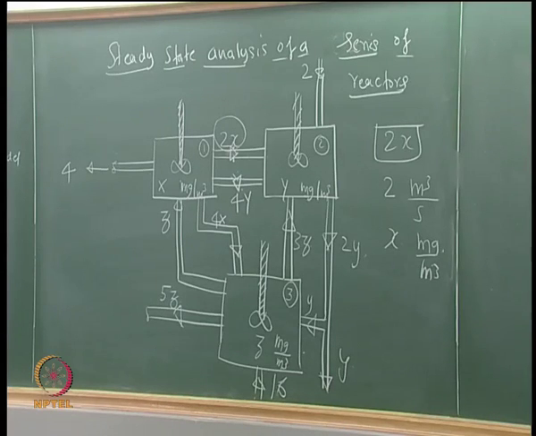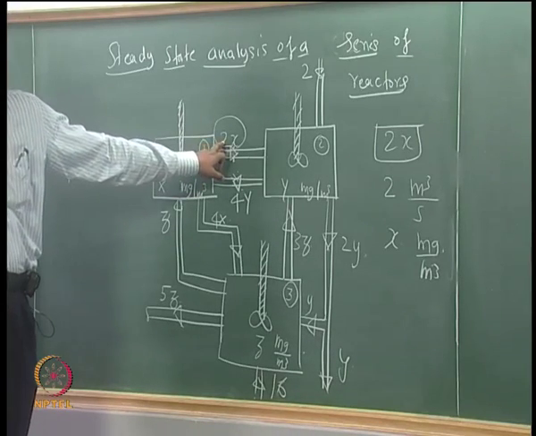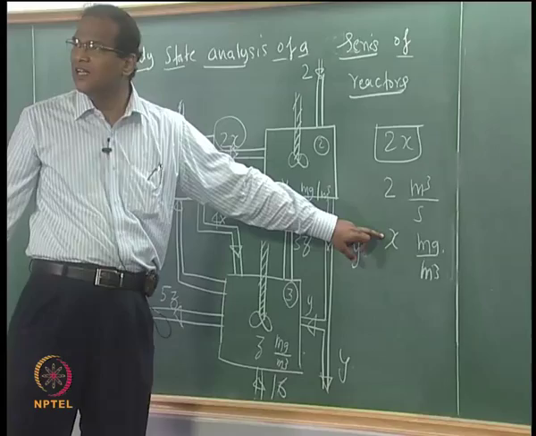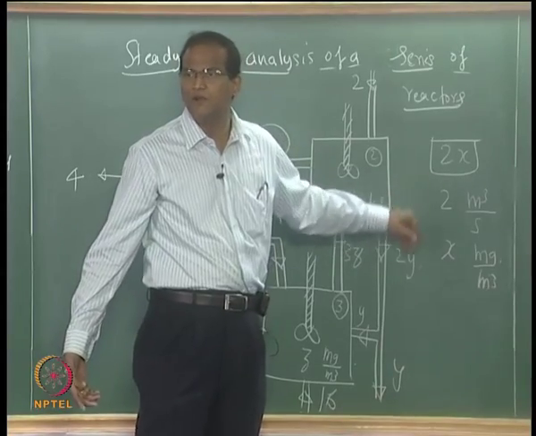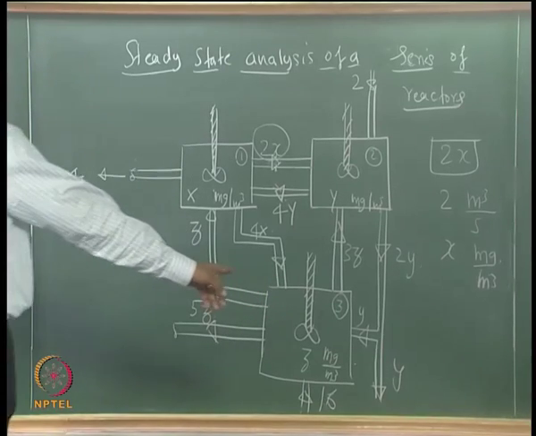So what are 2? So 2 denotes what? This 2x denotes some q or some flow rate. X is basically the concentration multiplied with the flow rate will give you the mass flow rate.